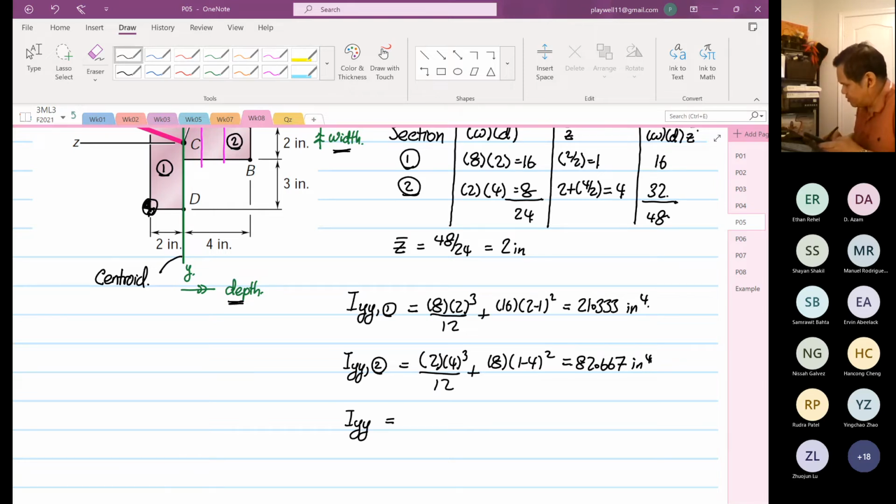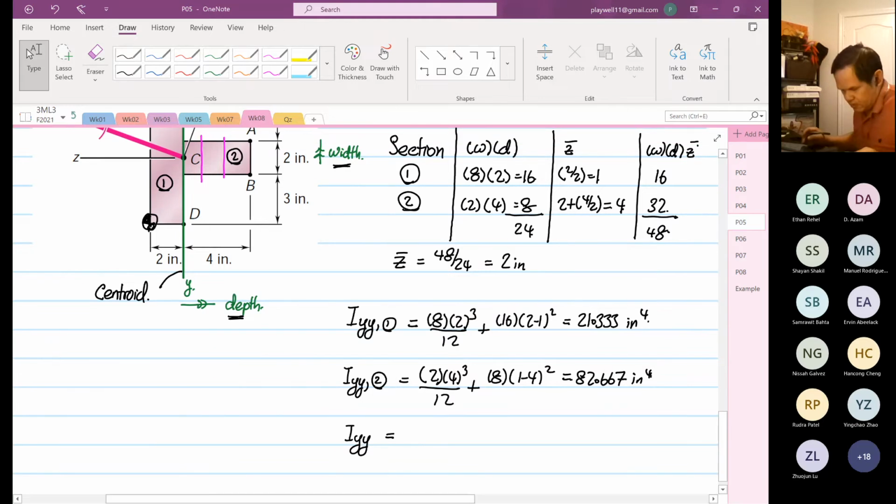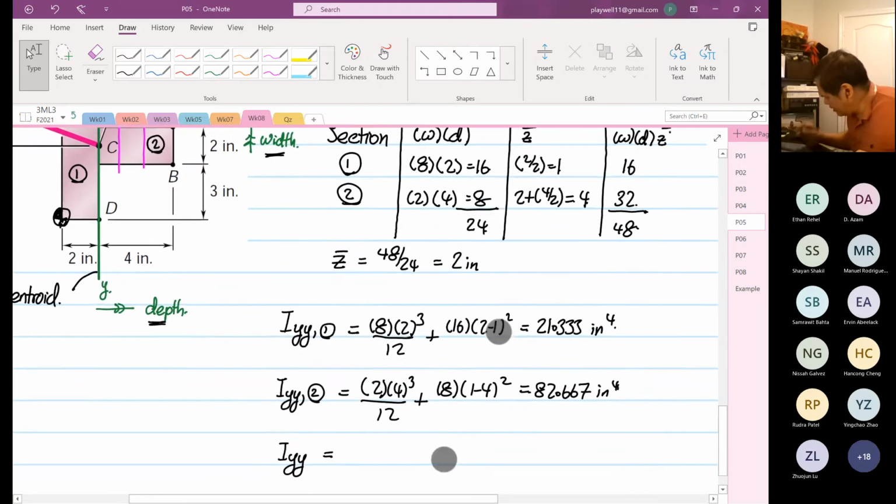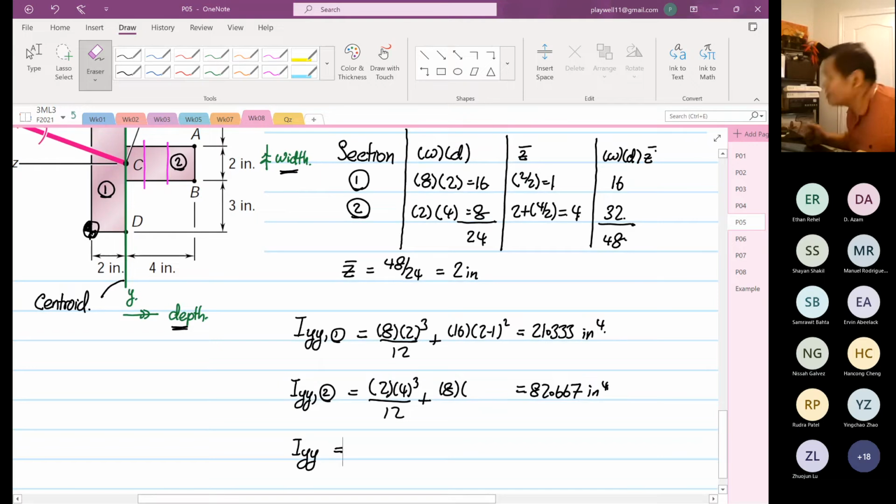Hold on, I think I made a mistake here. Careless mistake. This is not 1, this is 2 minus 4 squared.